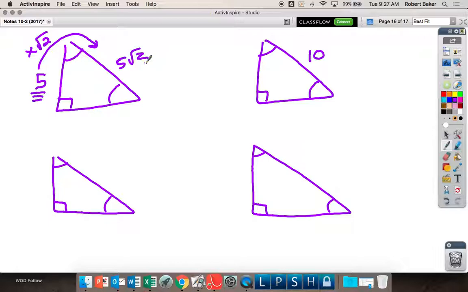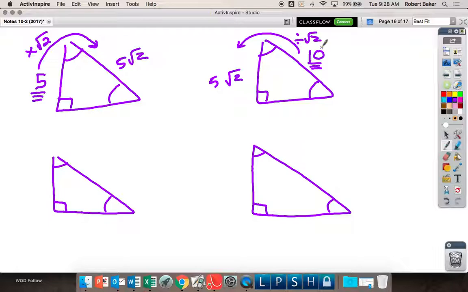Now, if you have a whole number on the hypotenuse, what was the trick I told you to get back to the leg? You should expect to see the square root of 2 right there. Well, what number times 2 equals 10? So this is the one that works here. So going this way, we're dividing by the square root of 2. It's a crazy trick, and it will always work.